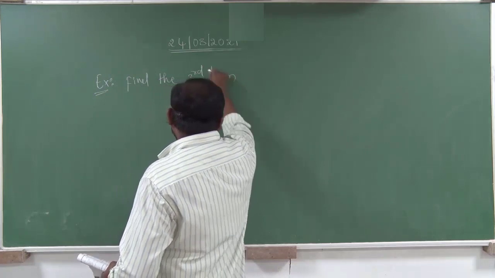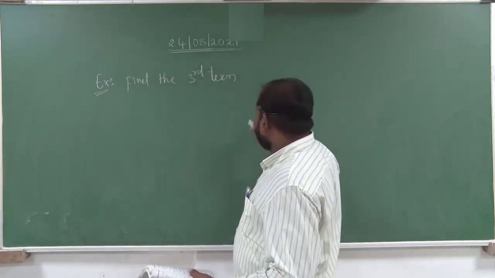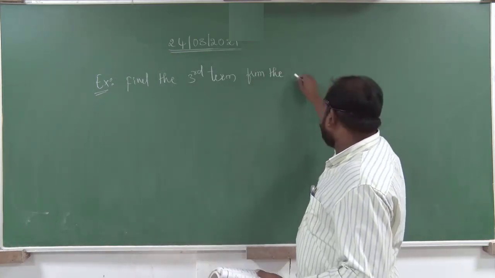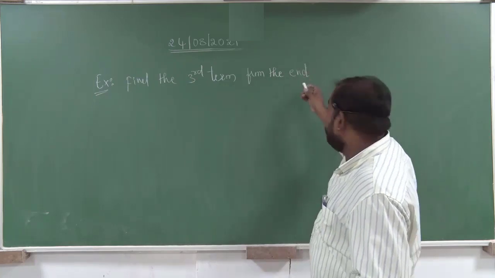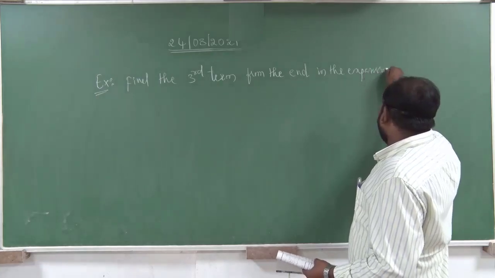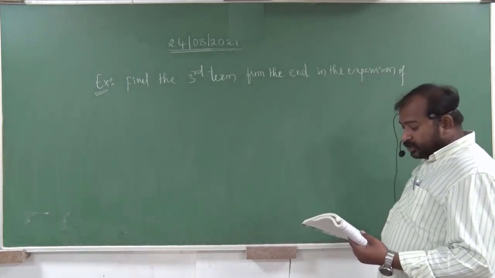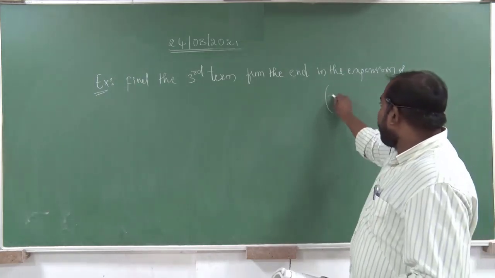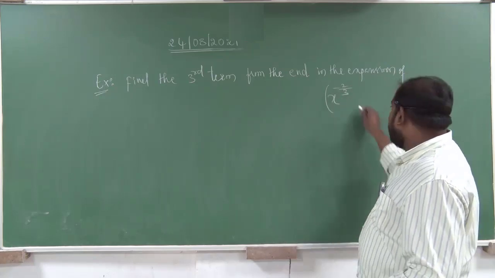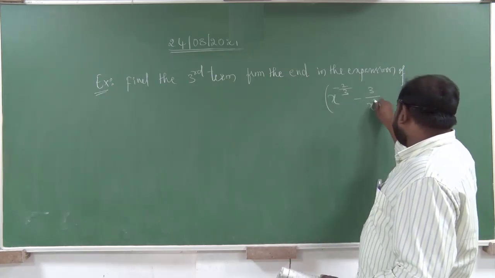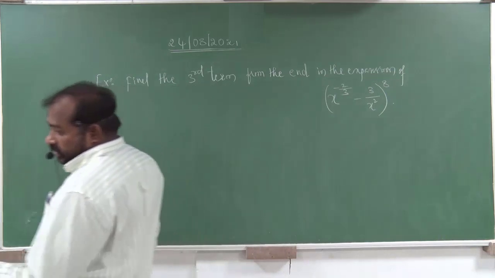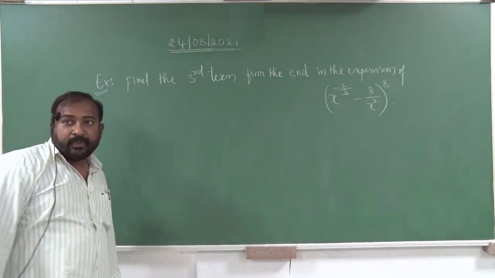Find the third term from the end in the expansion of (x power minus 2 by 3 minus 3 by x square) whole power 8. This is one more example. Okay, listen here.